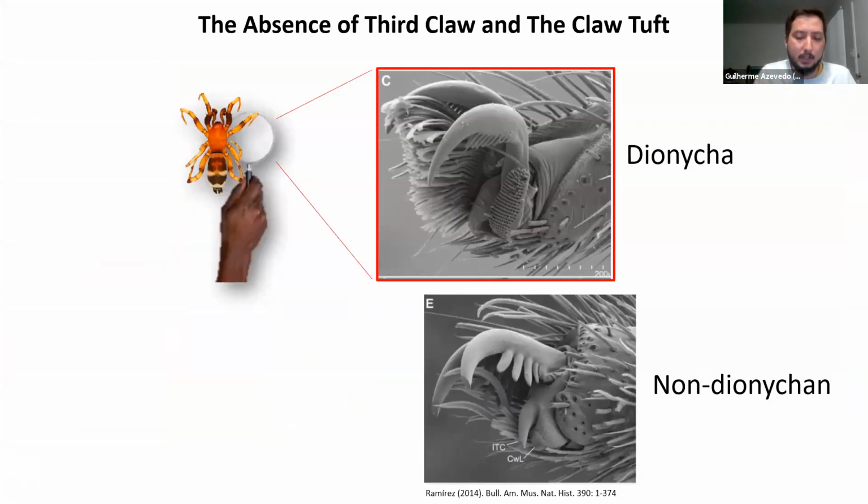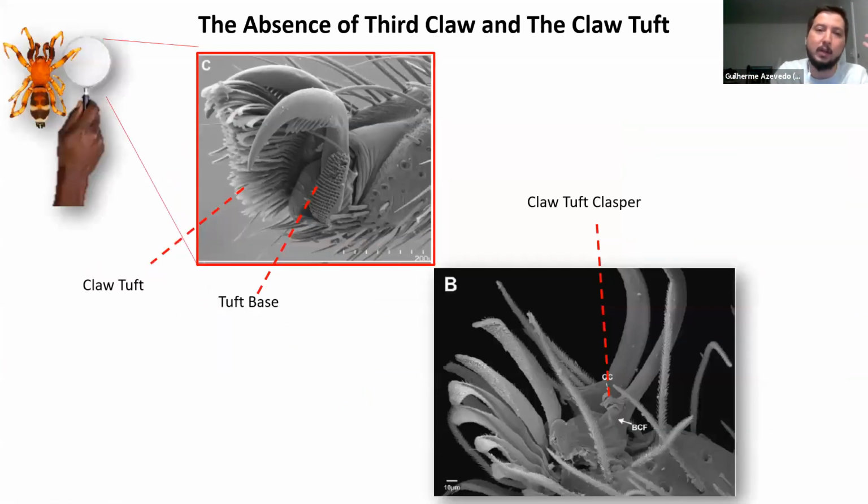And of course, I should not forget to mention the absence of the third claw. So the plesiomorphic state in spiders is three claws in the tarsus, but Dionycha have lost the third claw. And associated with this loss, or associated with the feet of spiders, there are a lot of interesting characters, like the claw tuft and the claw tuft base.